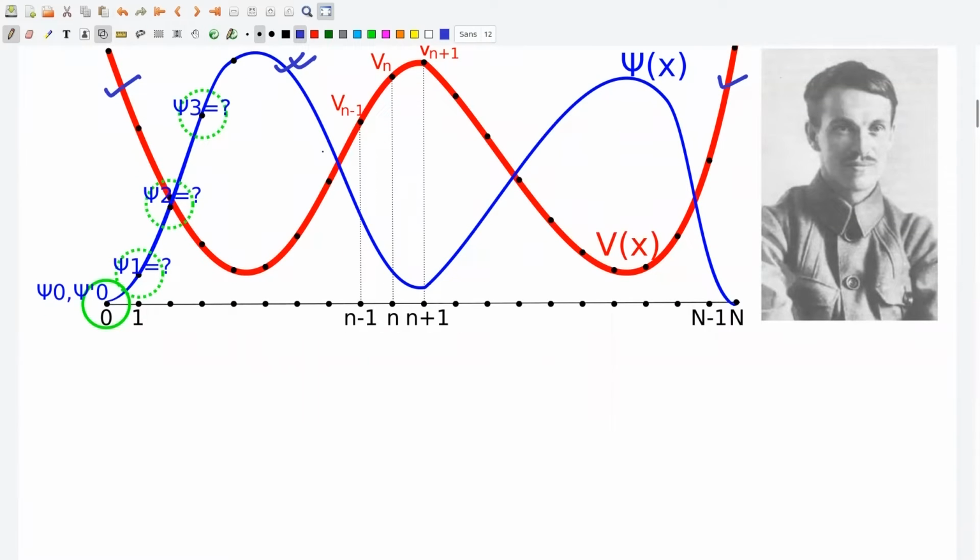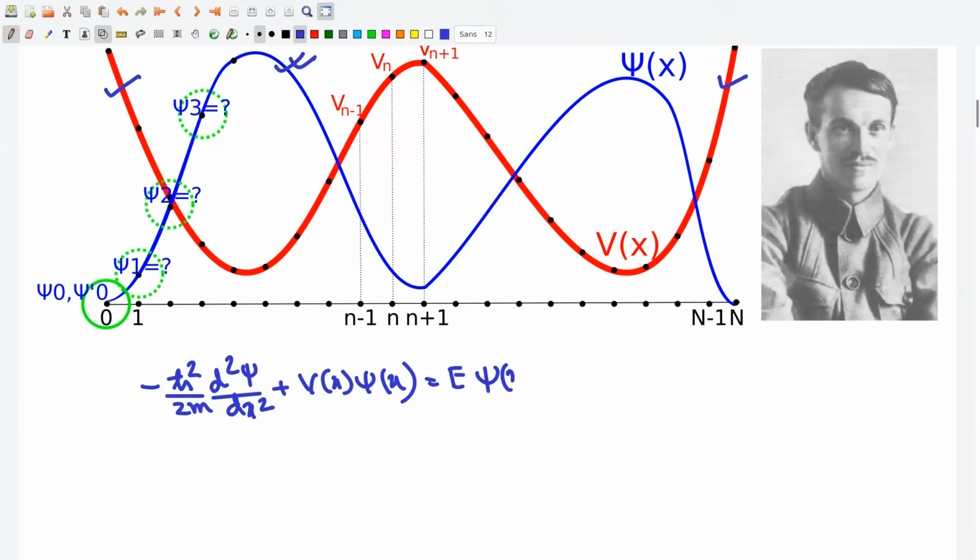The time independent Schrödinger equation is minus h cross square by 2m d2 psi dx square plus V of x psi of x is equal to E times psi of x.